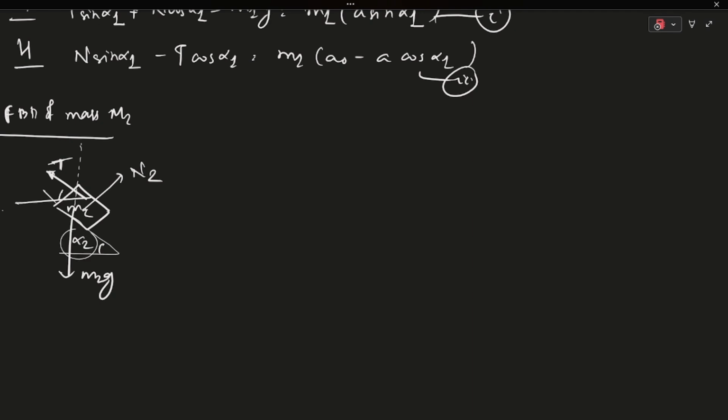As this angle is alpha 2, this will be alpha 2. So this component will be T cos alpha 2. Along vertical it will be T sin alpha 2. Normal, this is alpha 2. This will be 90 degrees minus alpha 2. Normal's horizontal component is N2 sin alpha 2. Vertical component is N2 cos alpha 2.